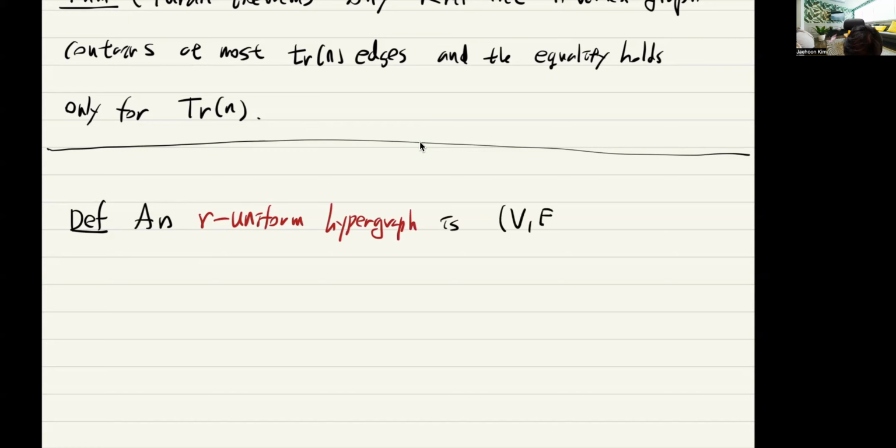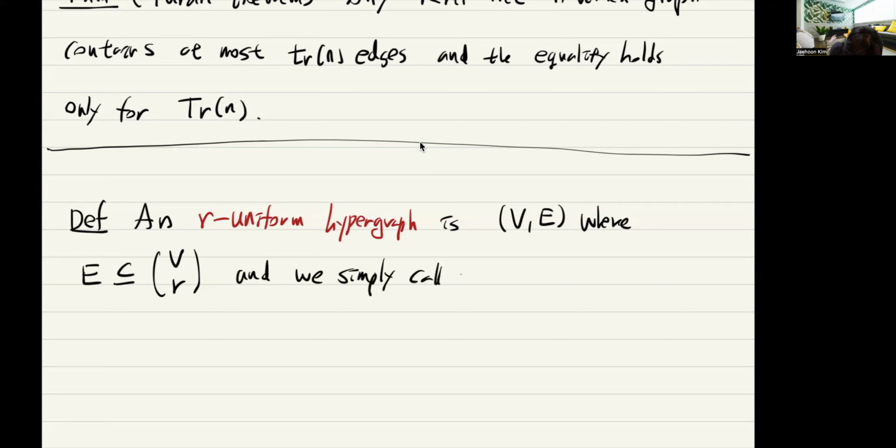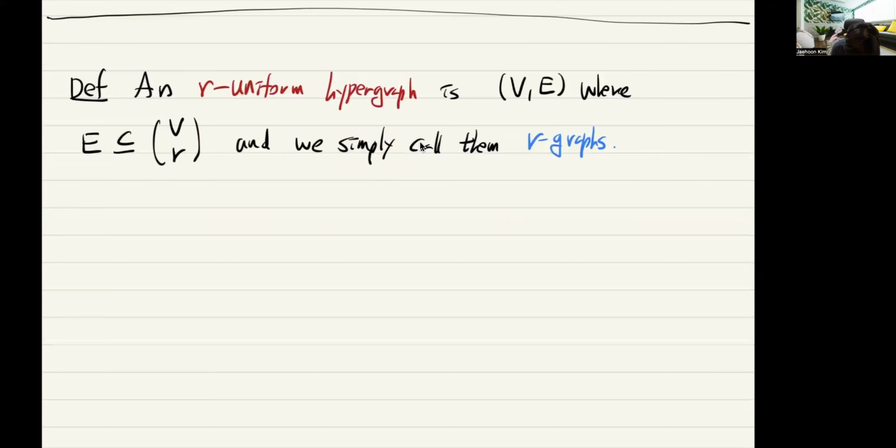That is a tuple of a vertex set V and an edge set, where each edge is a subset of V of size r. And we simply call them r-graphs. With this definition, graphs are just 2-graphs.